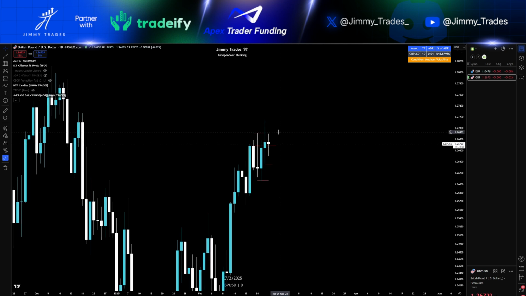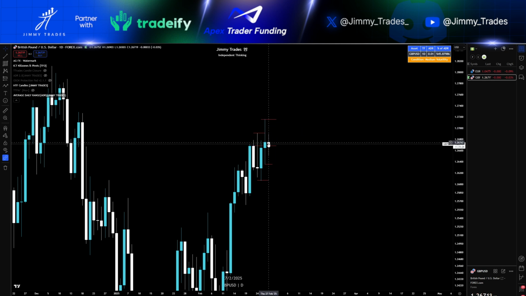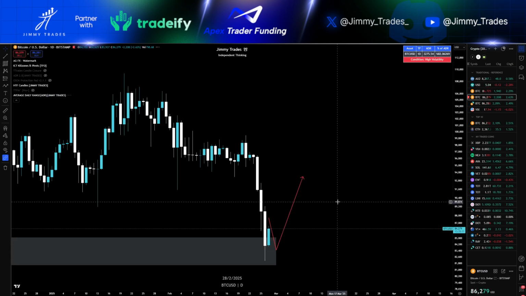So getting some mixed views here. This would be our draw on liquidity should price stay in respect of this opposing candle. Let's position ourselves in neutral for GU.